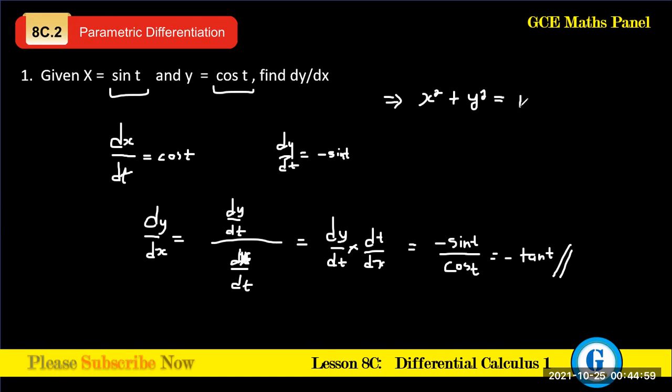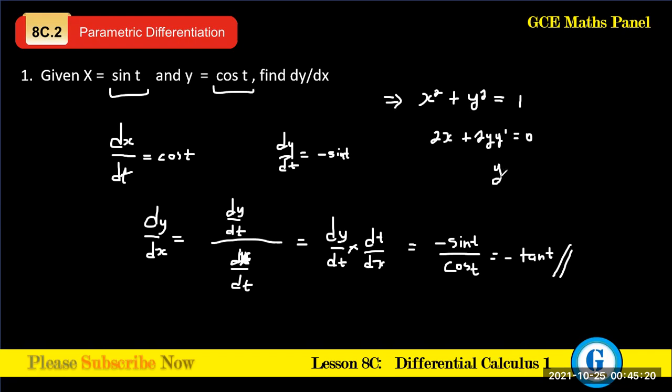And we can now do implicit differentiation. This will give us 2x plus 2y y prime is equal to 0.